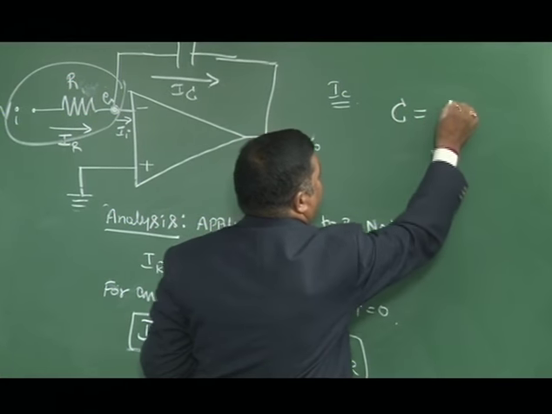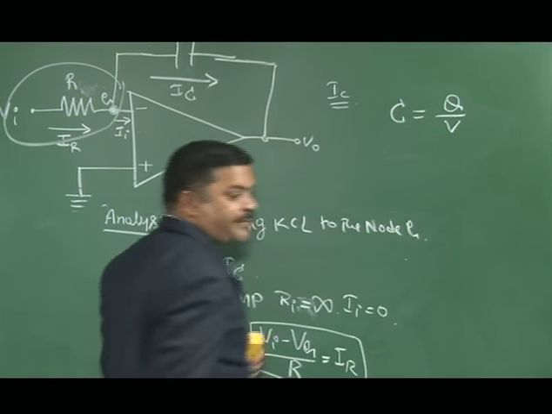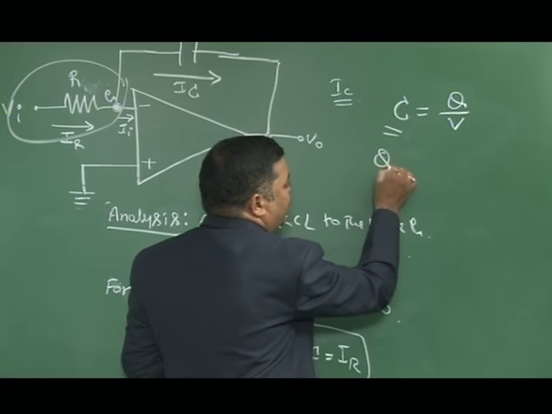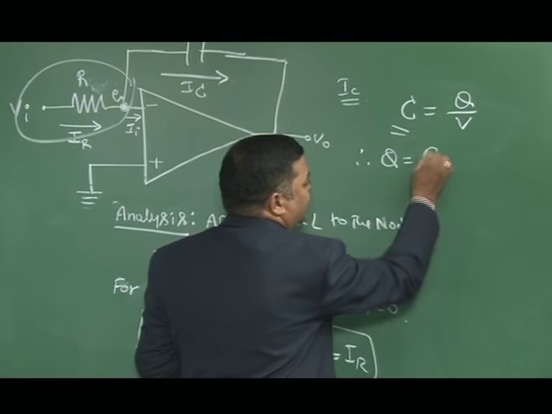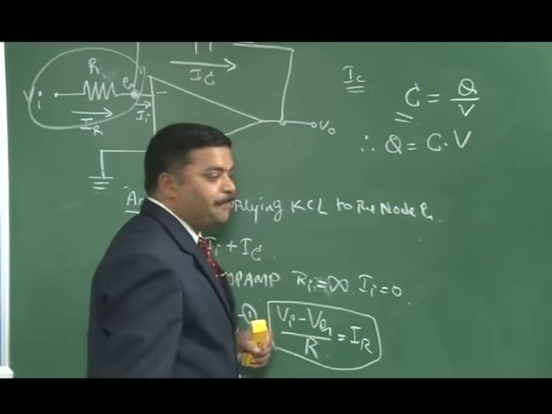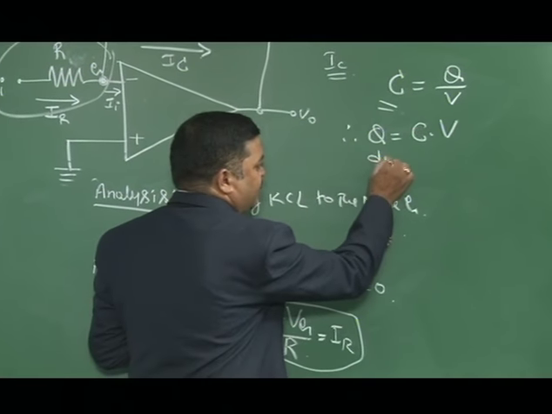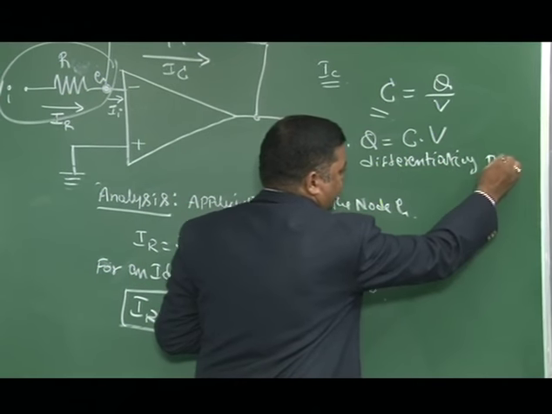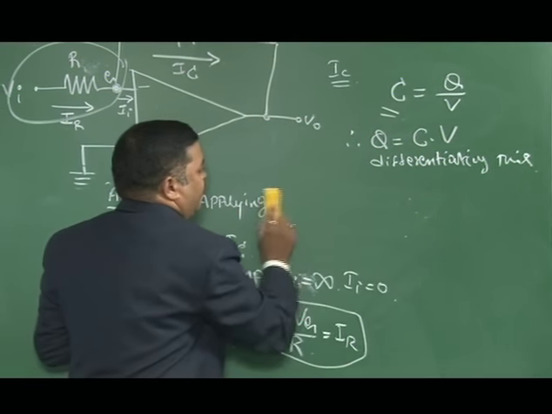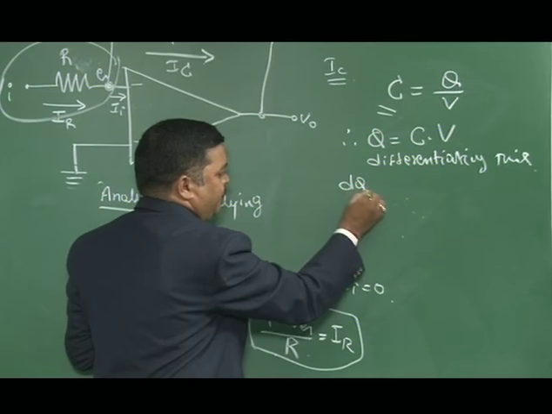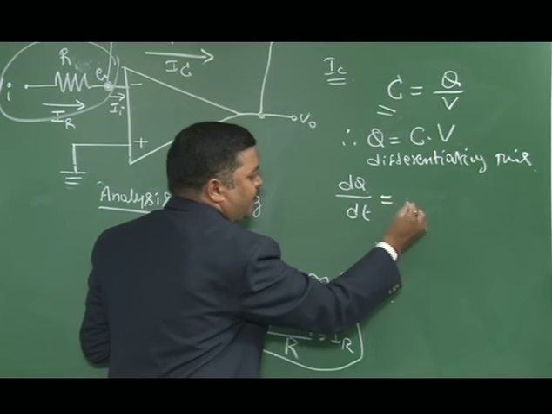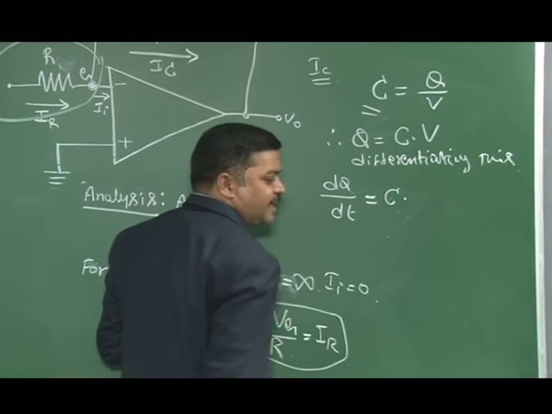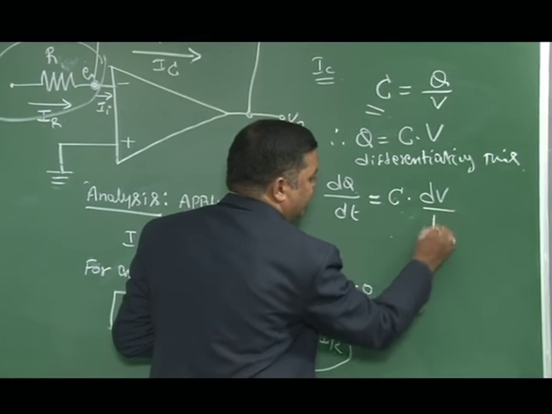The capacitor is given by charge by voltage, Q by V. Therefore, Q is equal to C into V. If I differentiate this, we will get dq by dt, which is equal to C times, C being a capacitor which is a constant value, and the voltage across the capacitor is V, so dV by dt.